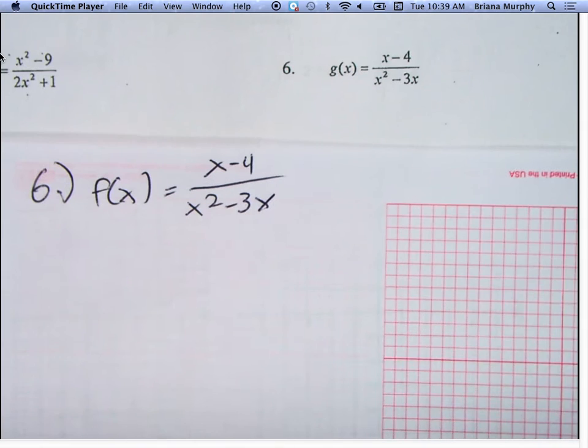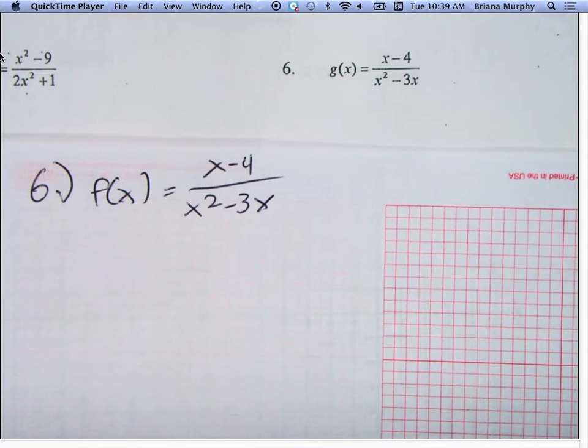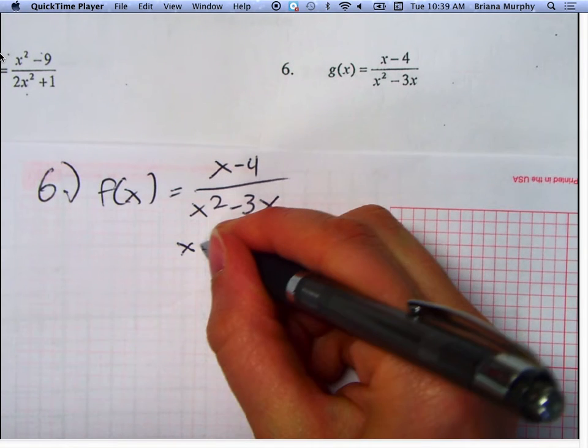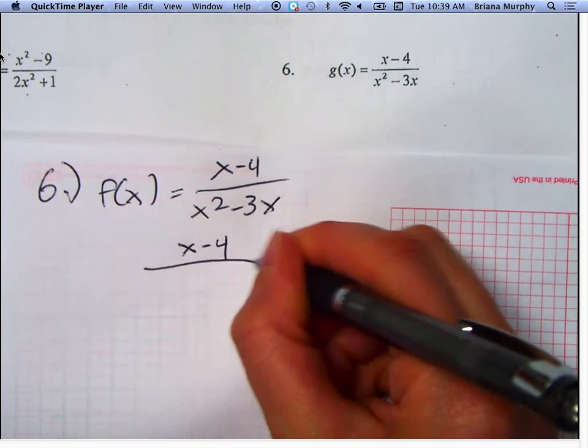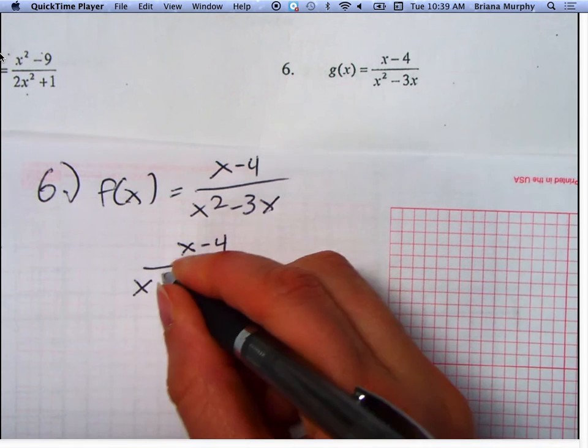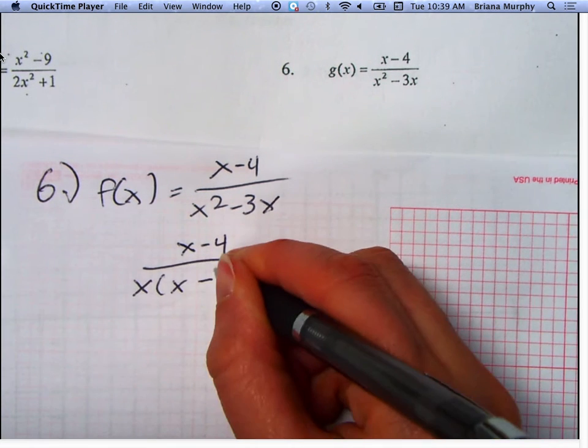What's my first step? Always factor everything, right? So I just have x minus 4 over x times x minus 3, correct?